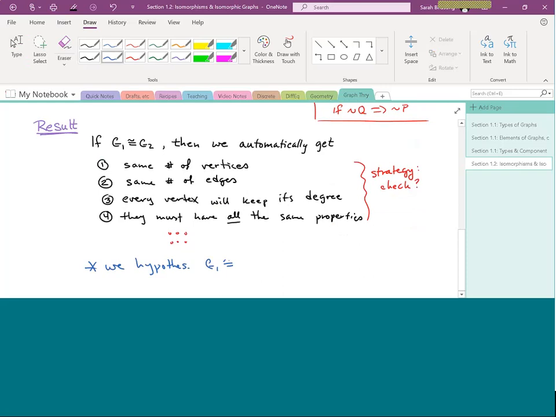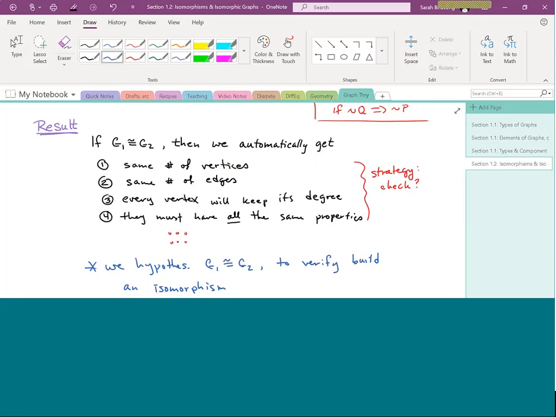To confirm or to verify, you have to actually build an isomorphism. Now, notice I didn't say the isomorphism. I said an isomorphism. Just like with the stuff that we talked about earlier today, there's rarely one function that maps the vertices from graph 1 to graph 2.